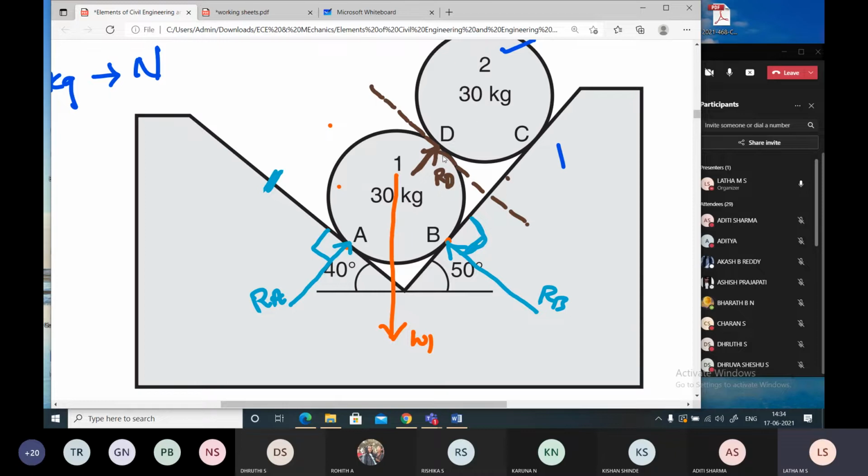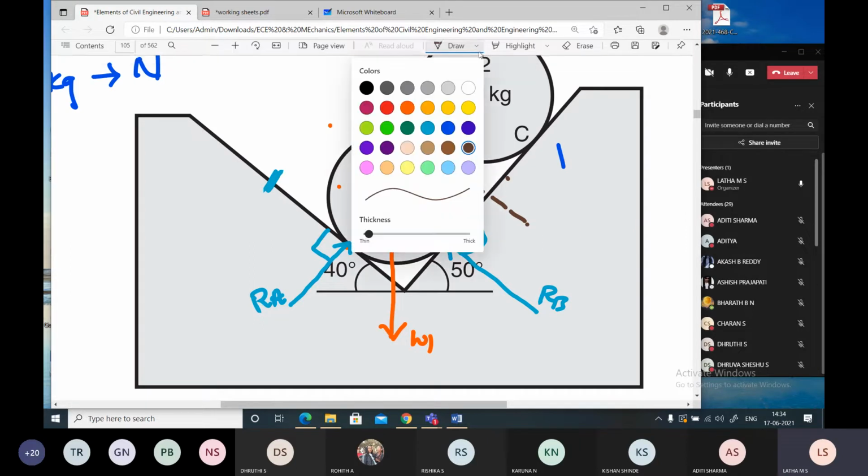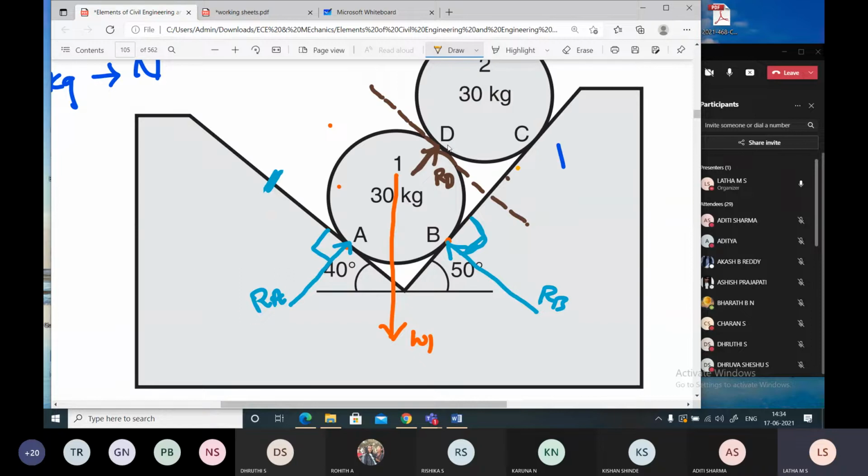Now you may ask, ma'am, the whole thing has to be under equilibrium, so RD cannot act in this direction. So Newton's third law will come into the picture. At every point, for every action, there's an equal and opposite reaction.